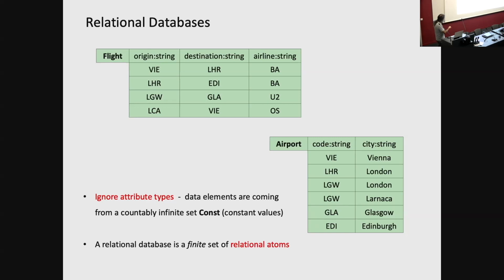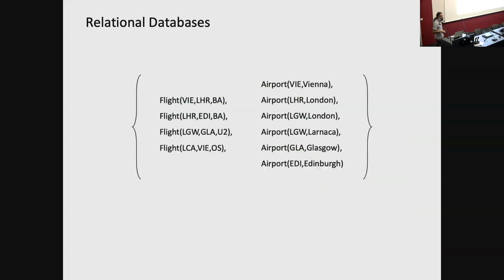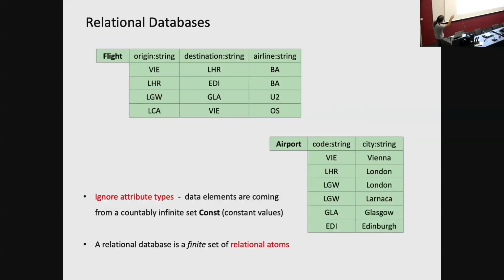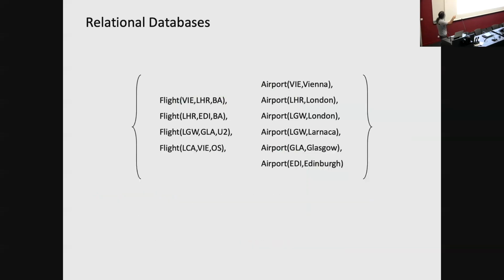And also, from now on, apart from seeing a relational database as a finite set of tables, as the ones that we see on the slide, we can also think of a relational database as a finite set of relational atoms of this form. So from now on, whenever I say a database, I actually mean a set of tables like that without considering the attributes, or a finite set of relational atoms of this form.